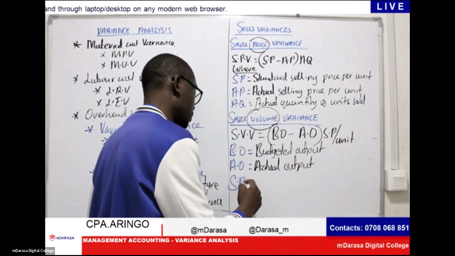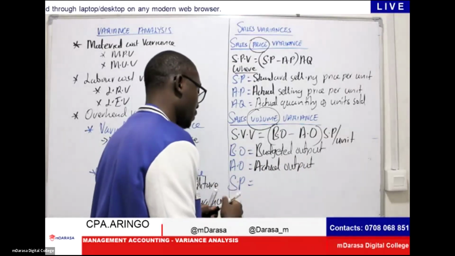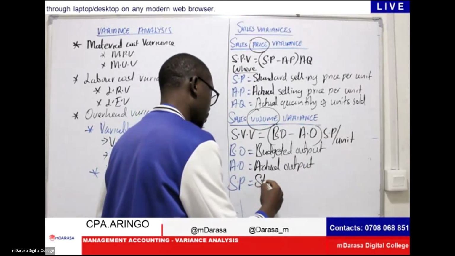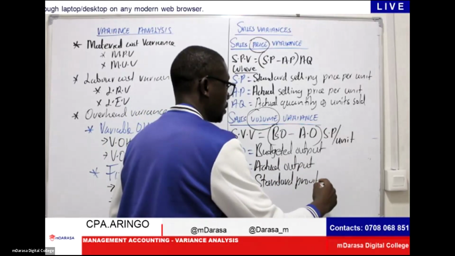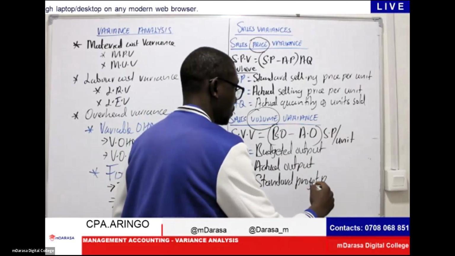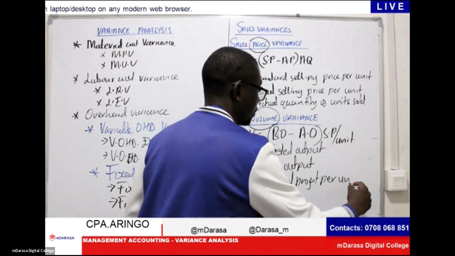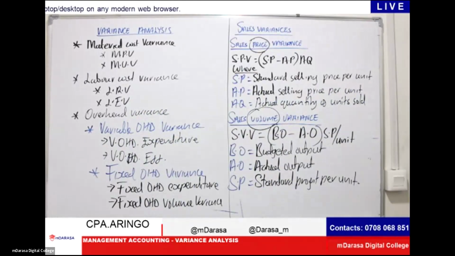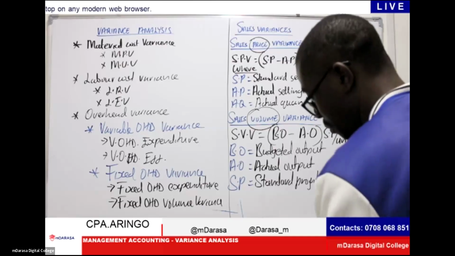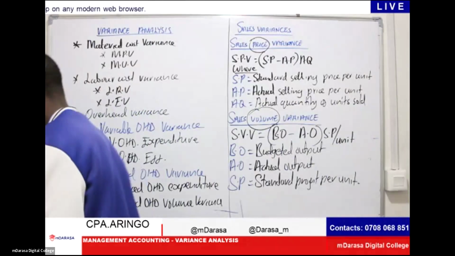SP is the standard profit per unit. Very important to note.